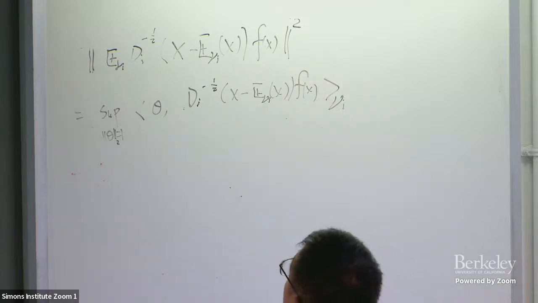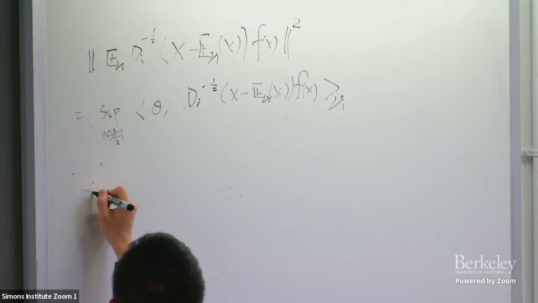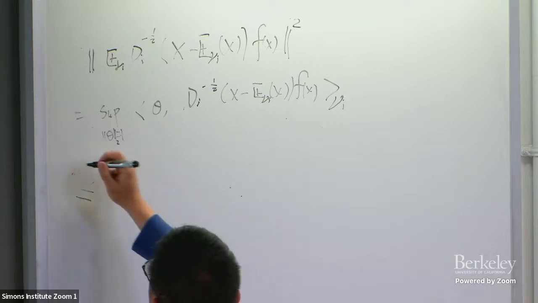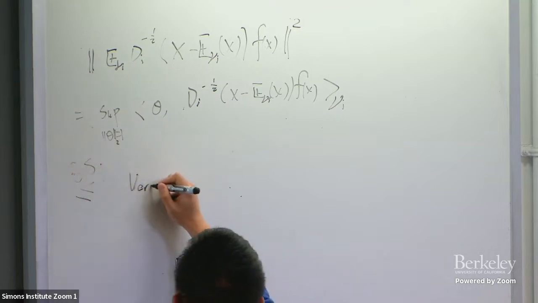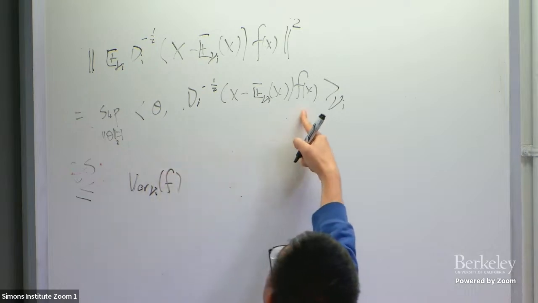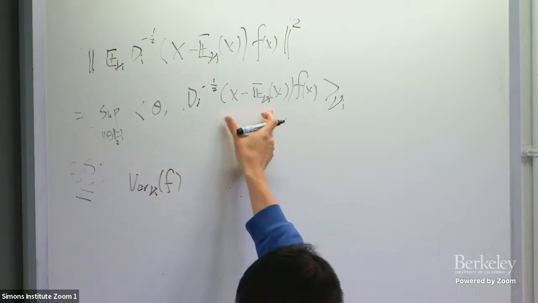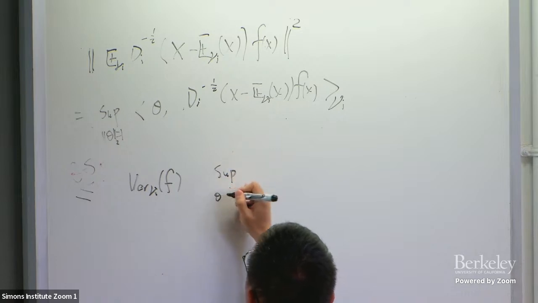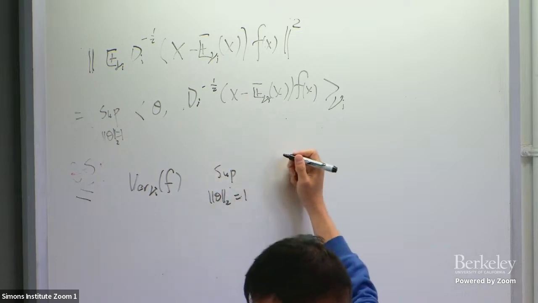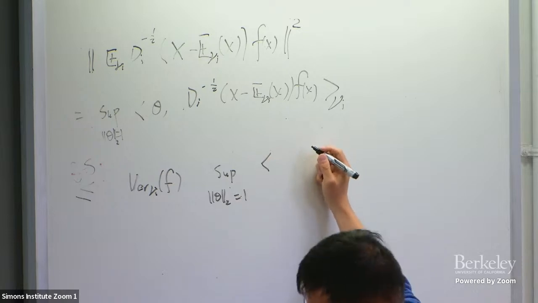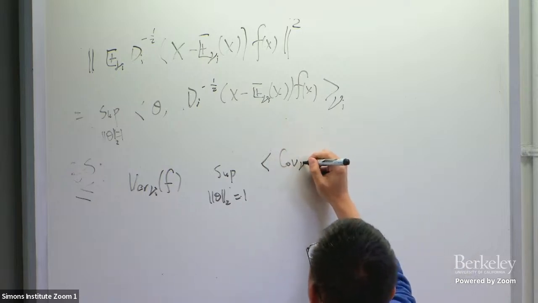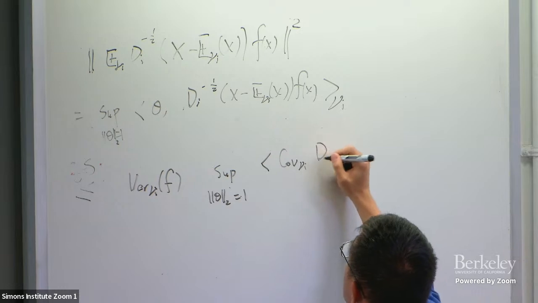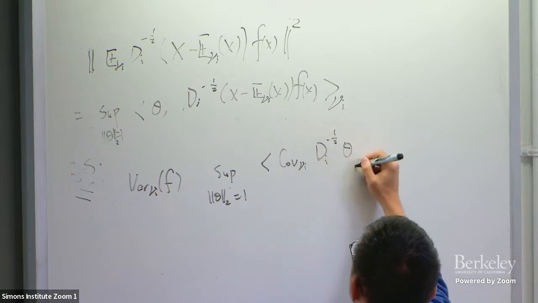You apply the Cauchy-Schwarz inequality, and you get the variance of mu i of f coming out from here, and then you have the square of this thing, where you get a copy of the covariance of mu i coming out as well, with di to the minus 1/2 of theta.